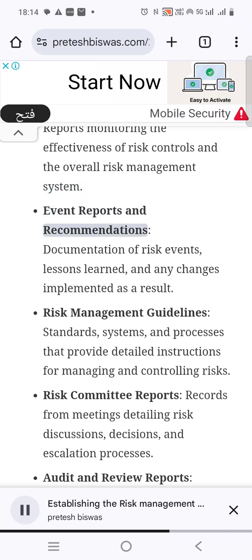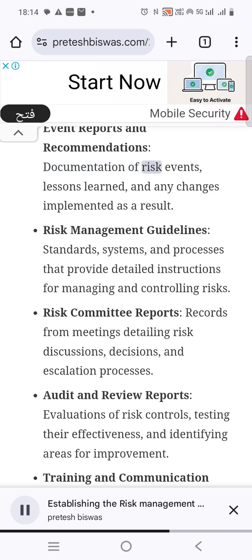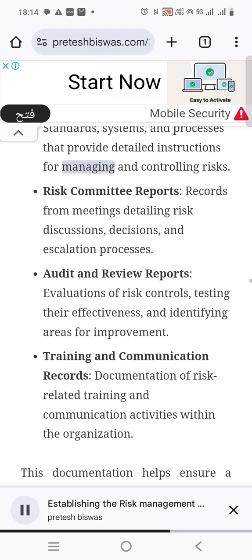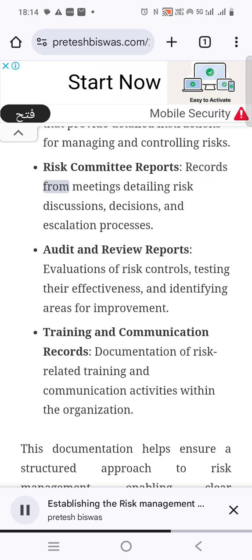Event reports and recommendations, documentation of risk events, lessons learned, and any changes implemented as a result. Risk management guidelines, standards, systems, and processes that provide detailed instructions for managing and controlling risks. Risk committee reports, records from meetings detailing risk discussions, decisions, and escalation processes.